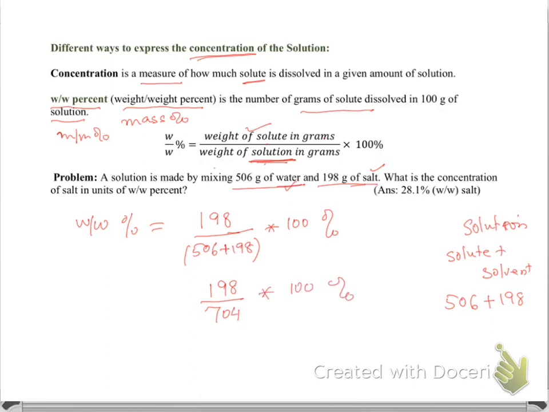So 198 times 100 divided by 704 gives me 28.125. I'm going to put 28.1 because I need 3 significant figures, because in the question I have 3 here and 3 here. That is weight by weight percent, where you have both the mass of the solute and the solution in grams.